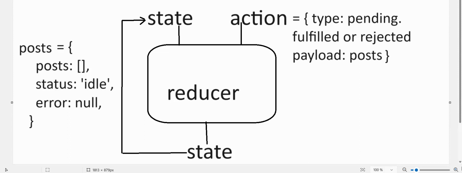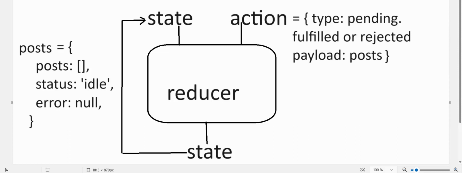It is always about payload. When the thunk dispatches the first time, type action type pending, it is nothing. It is only waiting. It has no payload. But after waiting, after finished, we have type fulfilled, and in that moment we have payload when fulfilled.